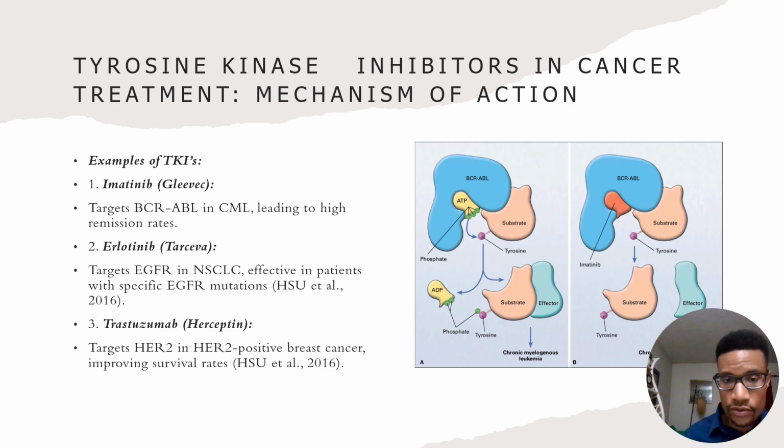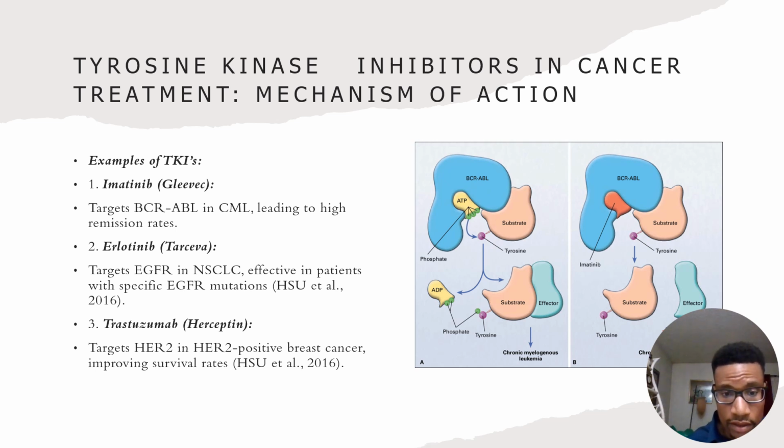Next, we'll dive into the tyrosine kinase inhibitors in cancer treatment and the mechanism of action. So some examples of TKIs are Glivec, which targets BCR-ABL in CML, leading to high remission rates.